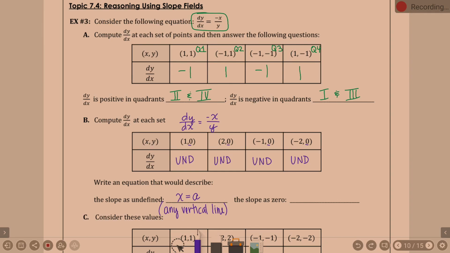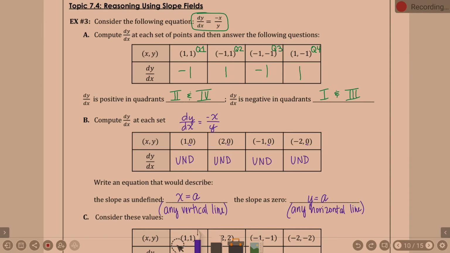I was debating if I left it as y equals a in my notes or used y equals b, but horizontal lines are y equals a number, and it's any horizontal line, isn't it? Now, that's kind of covered 2 with 1. When the y's are 0, you've got undefined. If the x's are 0s, you're going to have a horizontal line, a slope of 0, right?